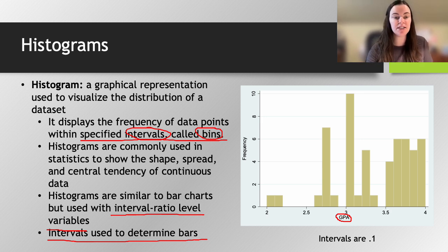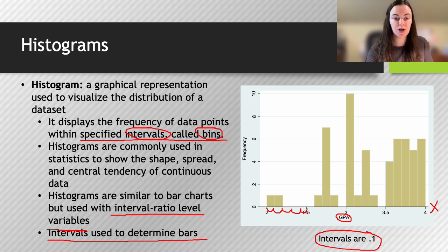In terms of intervals or bins, you can see down here that I currently have our interval set at 0.1. So what does that mean? On my x-axis at the bottom, each of these bars is 0.1 away from each other. And so what this shows us as the reader is that each of these bars is representative of 0.1 of a grade point average.